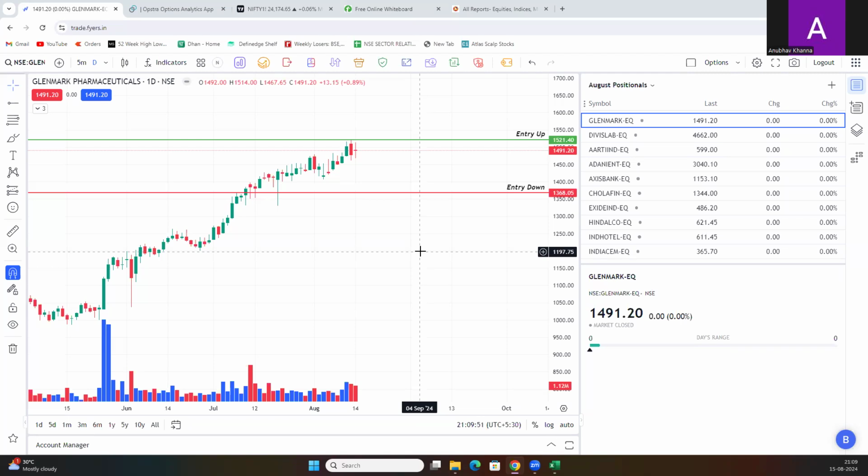Let's say if you want to keep it very limited, you can create butterflies, you can create ratios. You can create butterfly options, right?